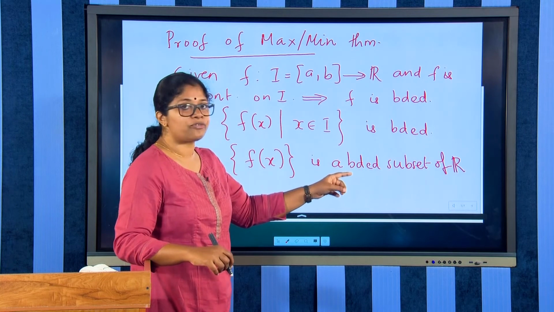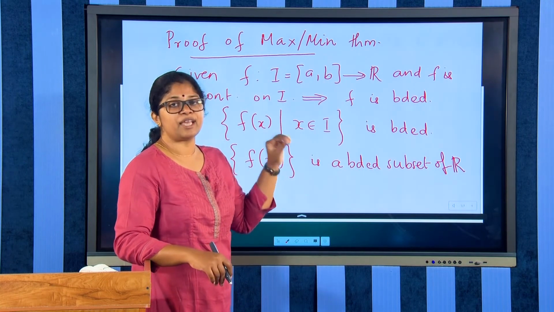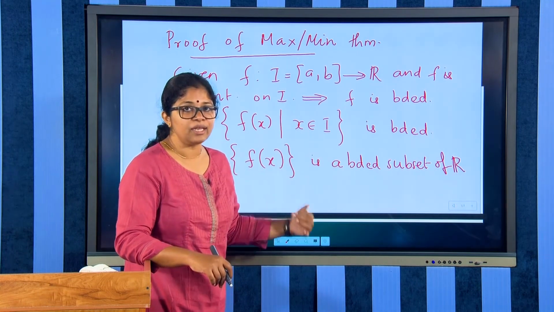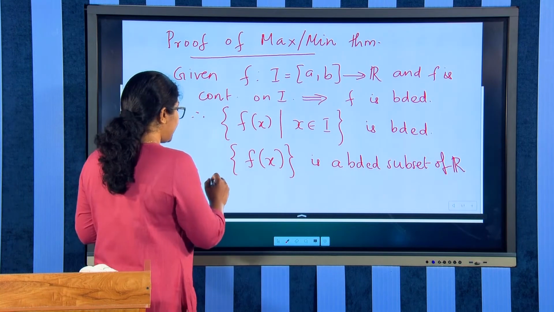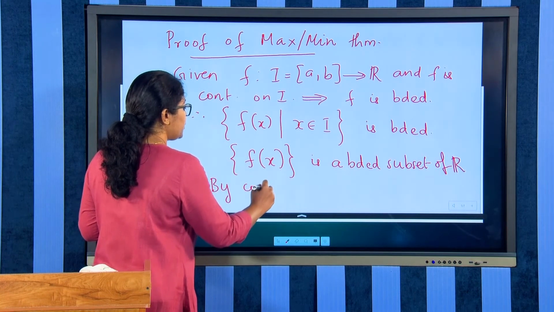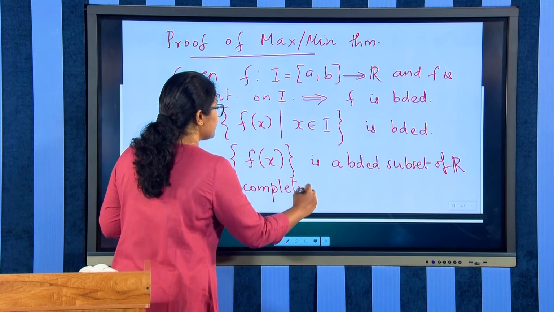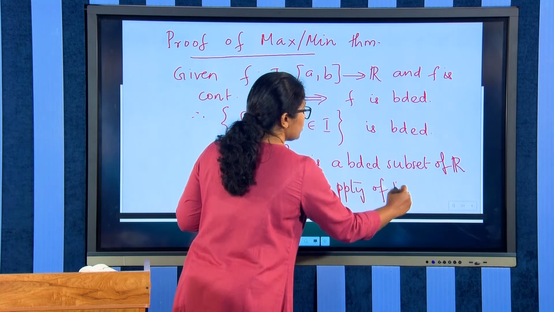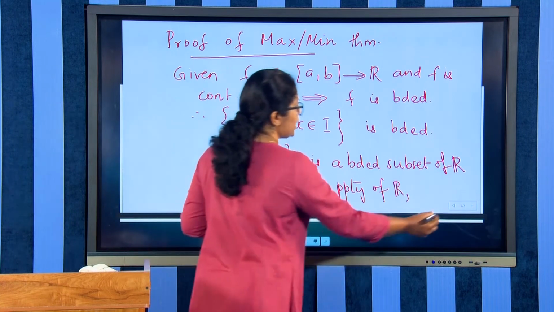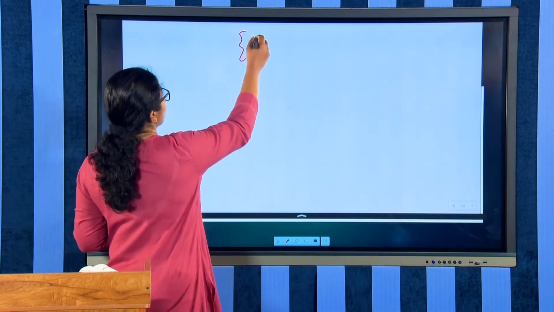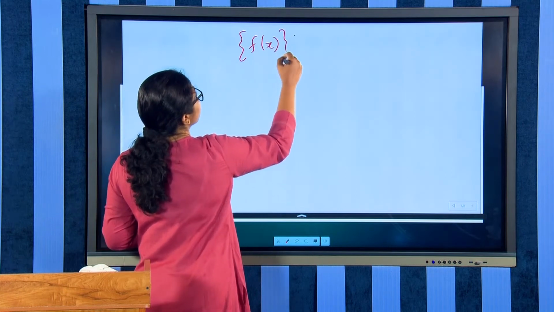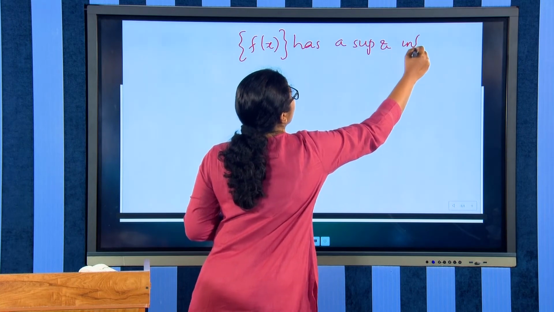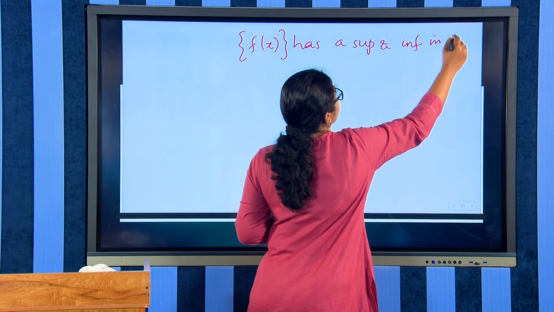For a bounded subset of R, or if a set has an upper bound, definitely it has a supremum in R, and if it is bounded below, it definitely has an infimum in R. So, by the completeness property of real numbers, which we have studied in one of the previous lectures, this set f of x has a supremum and an infimum in R.